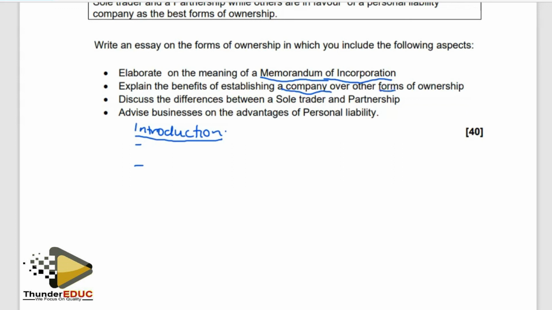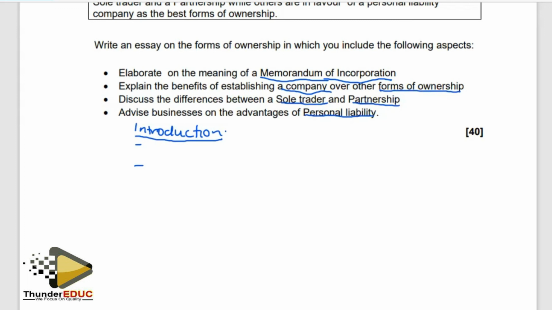Keywords here are forms of ownership or a company. Another question says, discuss the differences between a sole trader and a partnership. And the last question says, advise the business on advantages of personal liability companies. What I'm underlining are keywords from the question.